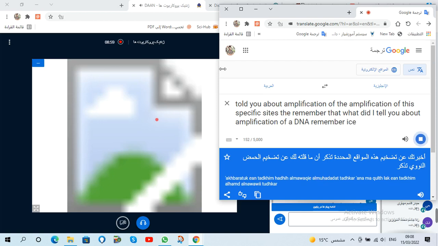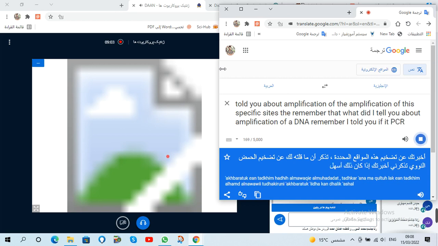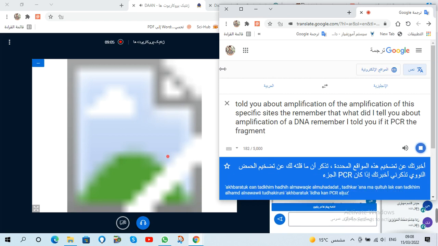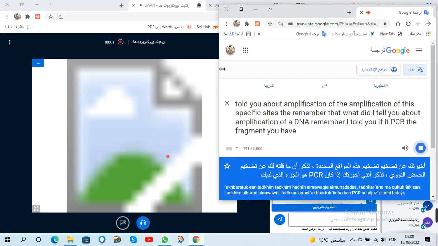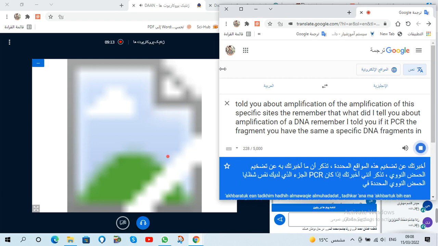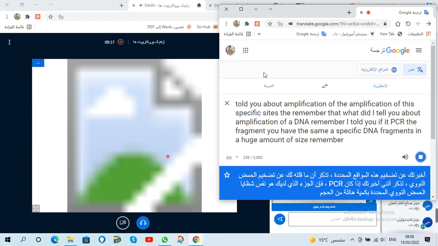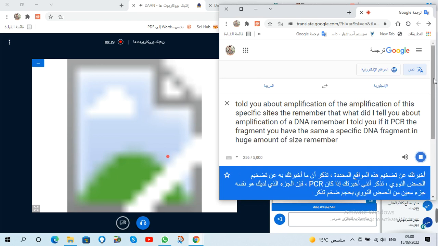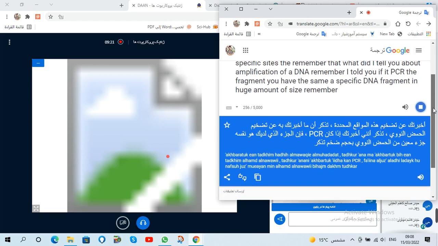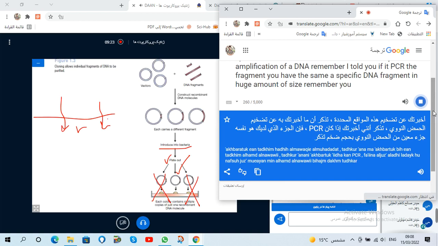I told you if we PCR the fragment, we will have the same specific DNA fragment in a huge amount of size. Remember? You don't remember about PCR?